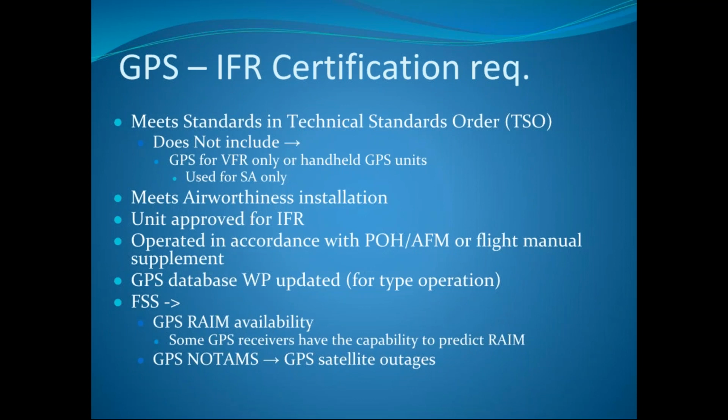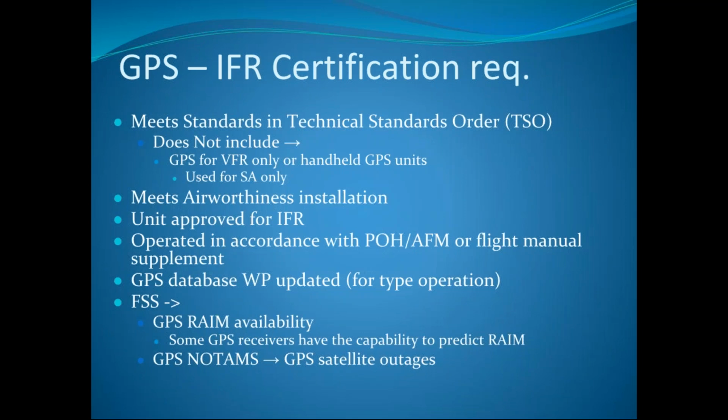The GPS in the aircraft has to meet airworthiness installation. They actually have to have an A&P mechanic come in and verify that it meets the airworthiness installation standard. It must be approved for IFR, operated in accordance with the pilot operating handbook or the airplane flight manual or flight manual supplement.